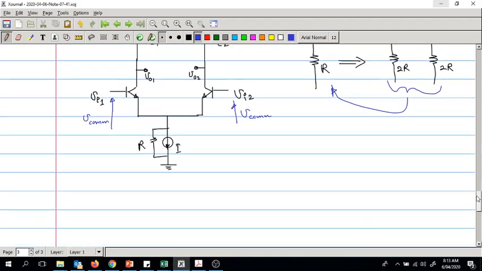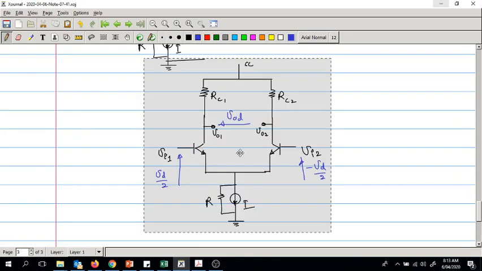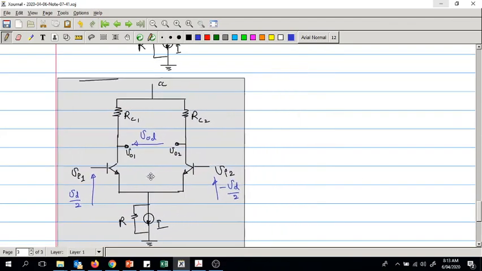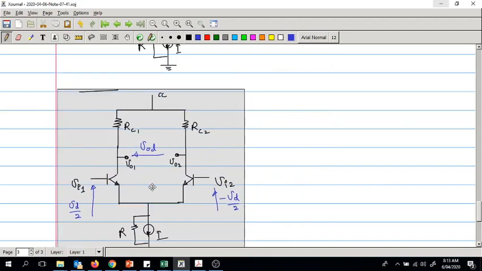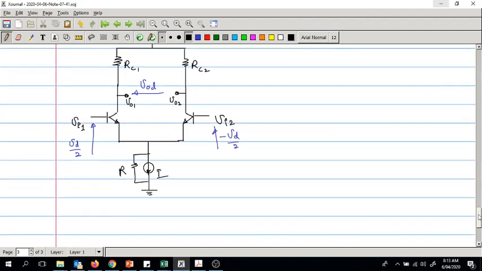So now let's redraw this circuit. I'm again going to use the same copy for my easy work. VCC, but now this part would change. This is V common, and this is also V common. This is not there.